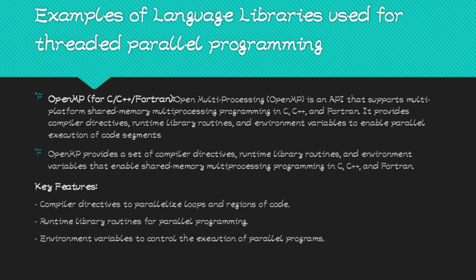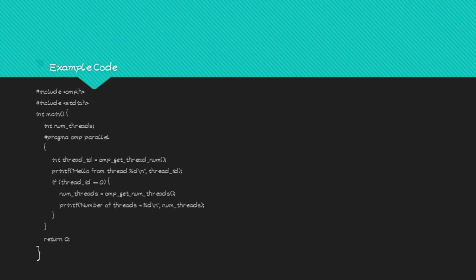So the features of OpenMP: compiler directives to parallelize loops and regions of code, runtime library routines for parallel programming, and environment variables to control the execution of parallel programs. Now this is an example code of the OpenMP library or API. This code is written in C, a computer programming language.